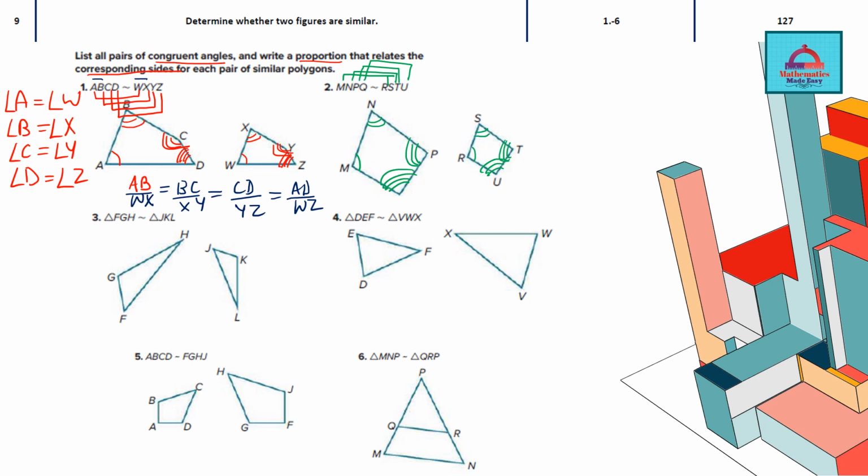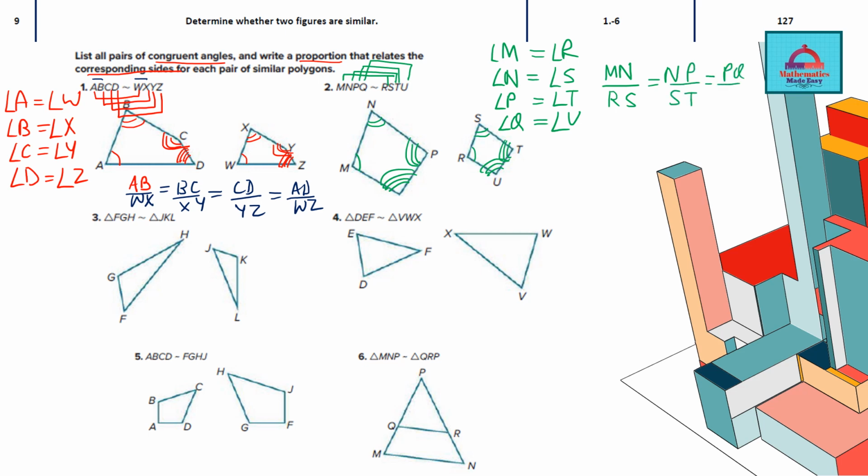So the answer for this one: M equal to R, N equal to S, P equal to T, and Q equal to U. Also, the sides are proportional: MN is proportional to RS, NP is proportional to ST, PQ is proportional to TU, and MQ is proportional to RU.